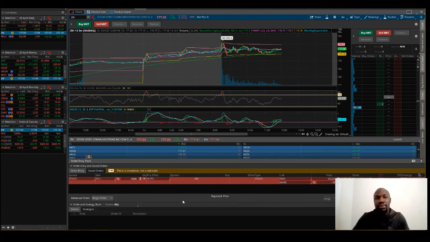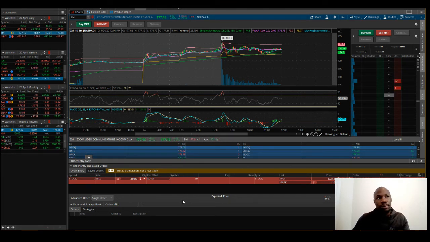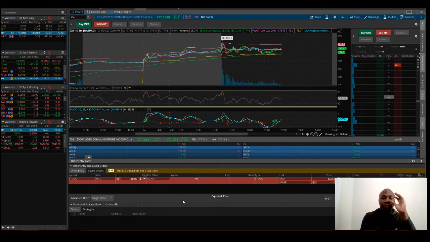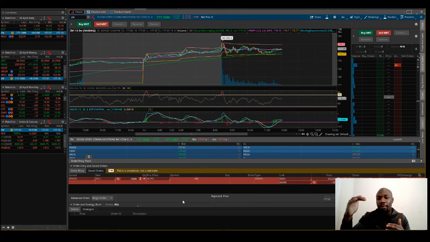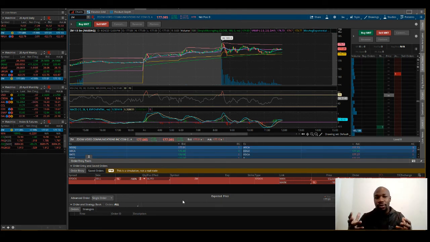Practice trading pre-market or extended hours on simulated trading if you can. That's going to allow you to practice doing positions only on limit orders. Even if you don't get filled, you can see how it works, how you have to set that limit order, see that price point actually match and get filled, and then move on. So practice, practice, practice, guys.